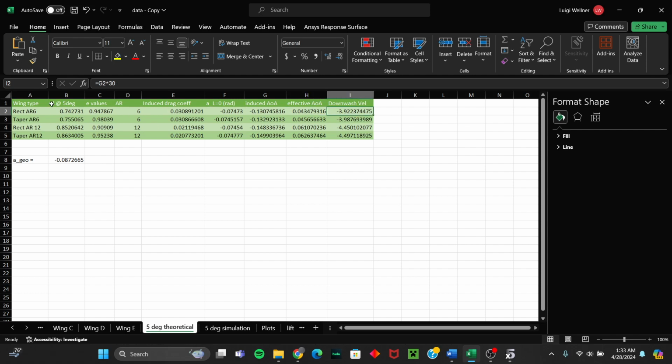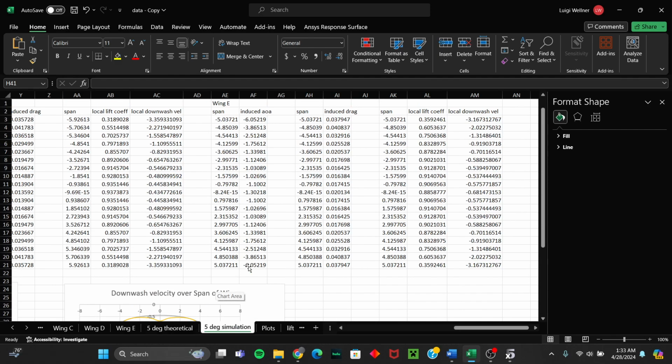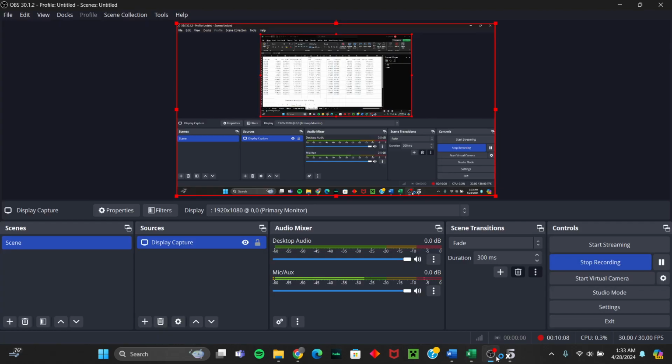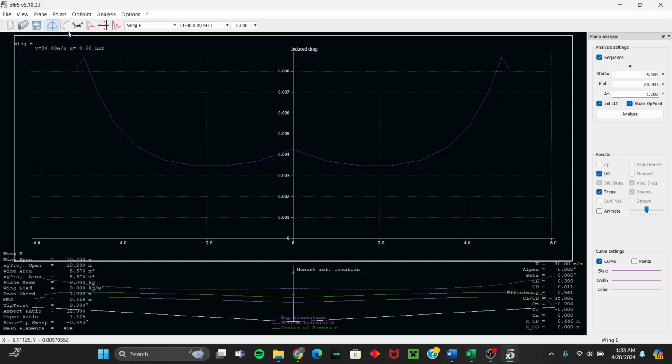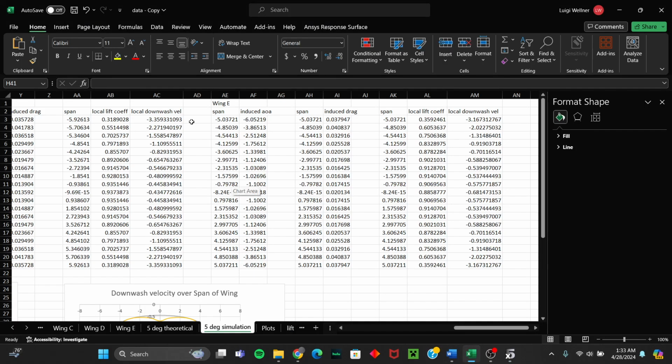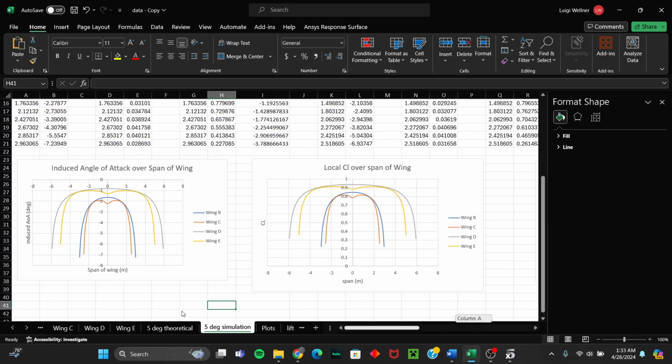For the downwash velocity, I got the induced angle and I multiplied it with the free stream, which was 30. And for the simulations, I took the simulations that I get from these graphs right here, the induced drag graphs. I took all of that and converted them into graphs over here in Excel for the induced angle of attack over the span.